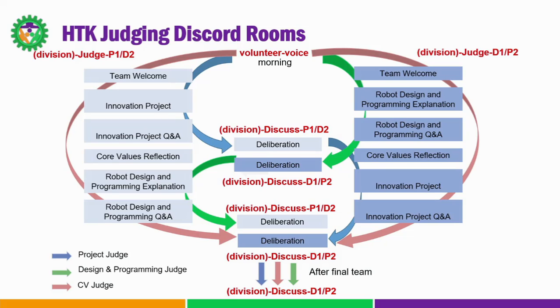Now we're on the second half of the session, so design goes to the D2 part and project goes to the P2 part, and at the end, they all come together to deliberate. At the end of the day, all of the judges come together in a single room to deliberate. So that's a lot of movement, and we're hoping the judges can all do this on their own, but like I said, if they need help, that's how you're moving them around.